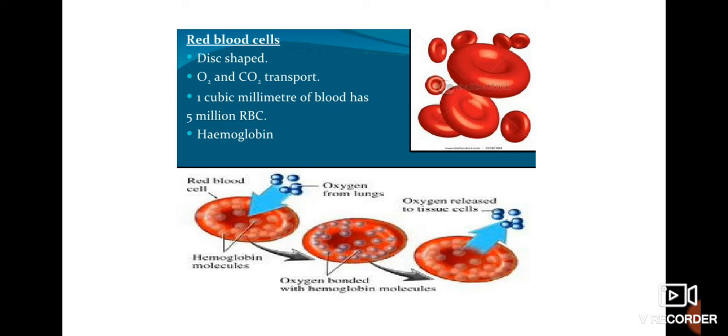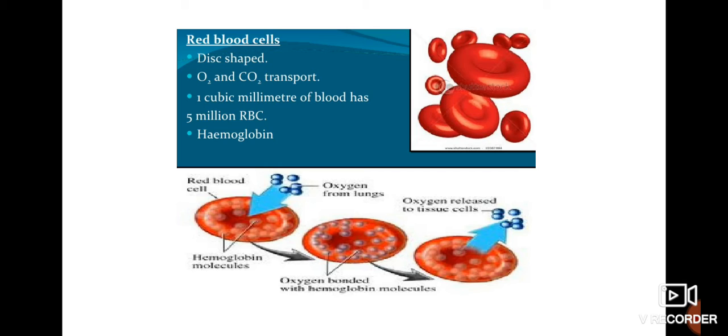Now, moving across to the red blood cells, they are otherwise called erythrocytes, who are majorly responsible for transporting oxygen and carbon dioxide. The cells are red because of the presence of hemoglobin.